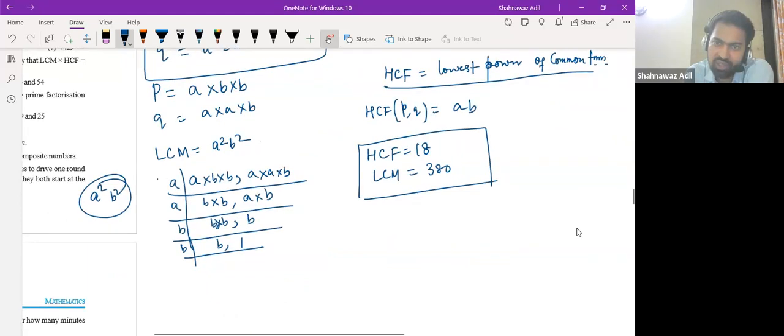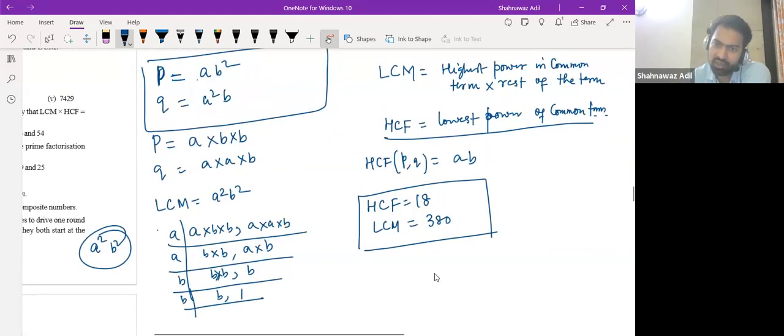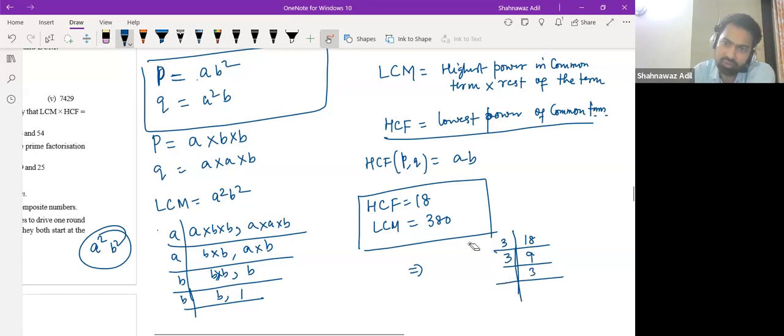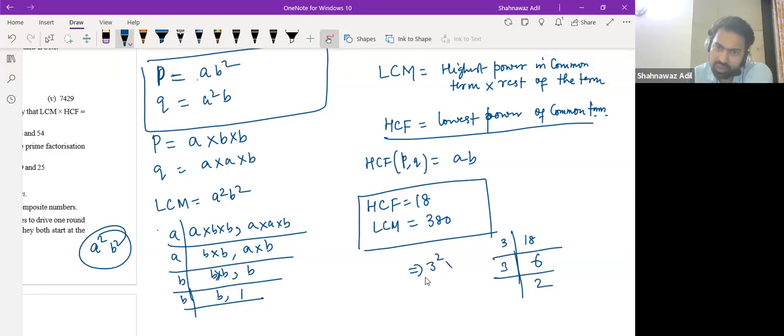So what is the prime factorization of 18? How can we write 18? 18 is 3 times 6, and 6 is 3 times 2. So 18 is 2 into 3 square. So this can be the HCF. And LCM is 380.